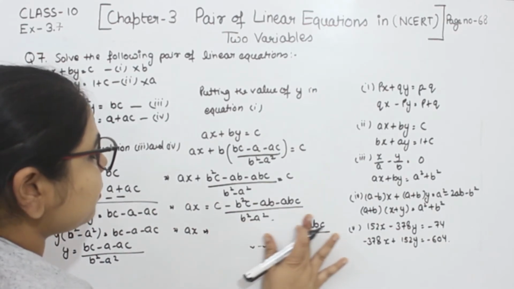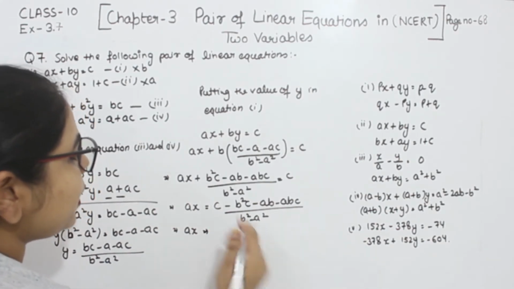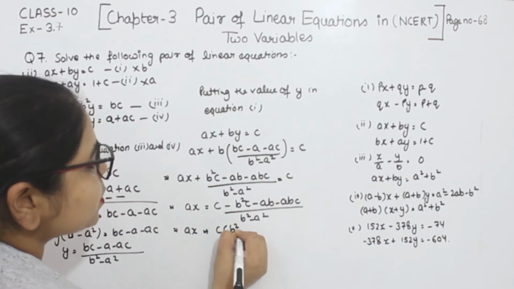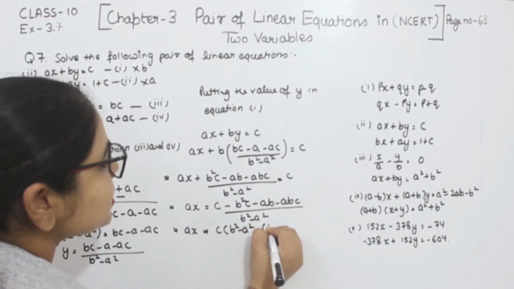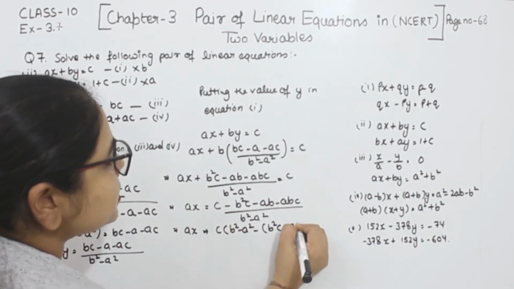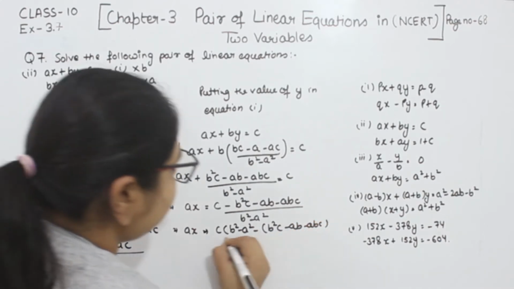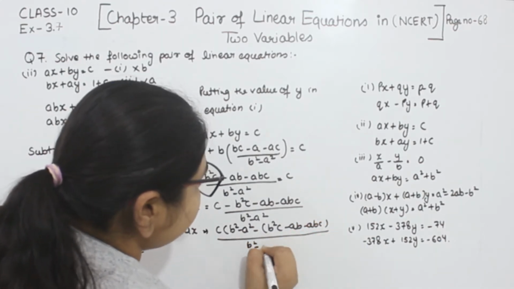I'm going to write it again once. We can write this as c multiplied by b square minus a square, minus b square c minus ab minus abc, over b square minus a square.